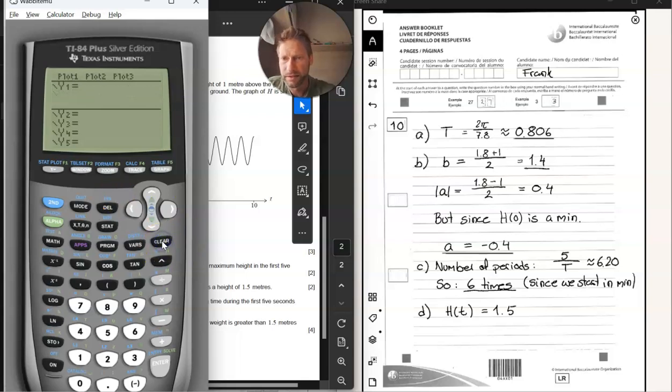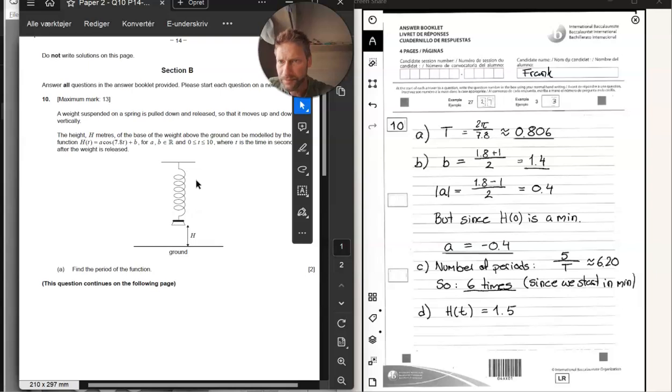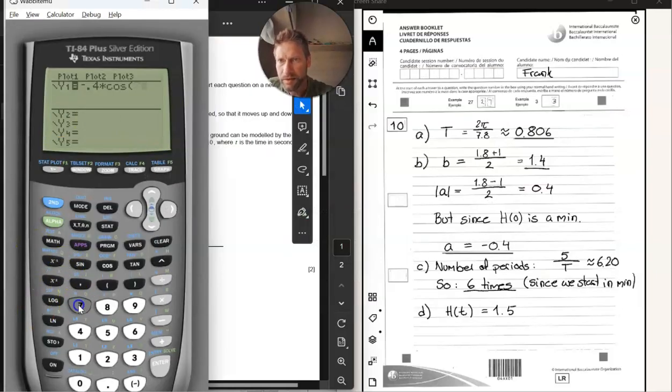Let's clear this. And what do we have? We have the a that was minus 0.4 times the cosine of, and I just need to look at the function, 7.8 times the variable, I need to call it x when I speak to the calculator, plus the b value, which is 1.4.